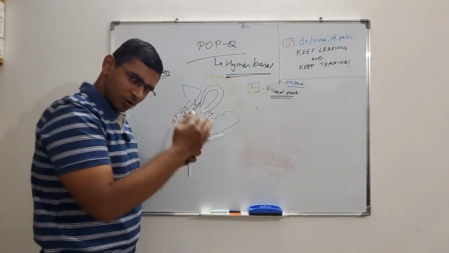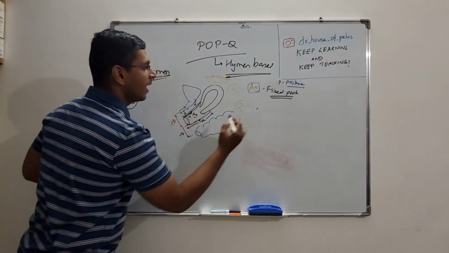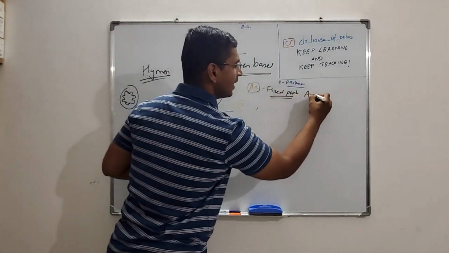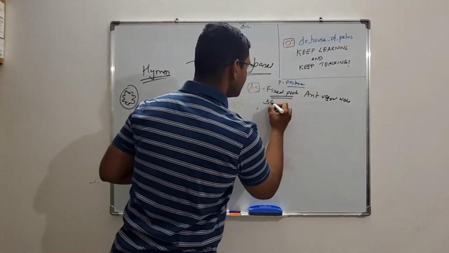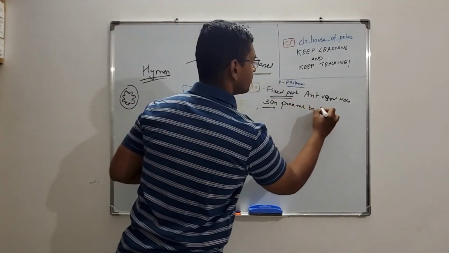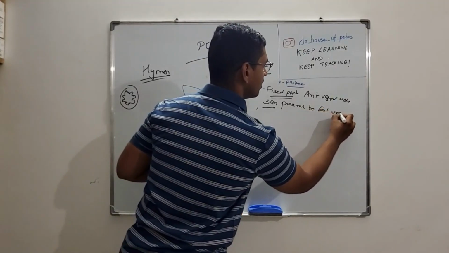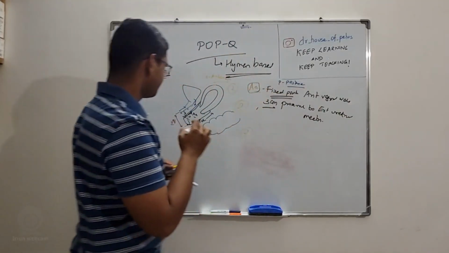Okay, let us go to the points first. So AA is a fixed point in the anterior vaginal wall, 3 cm proximal to the external urethral meatus, right?